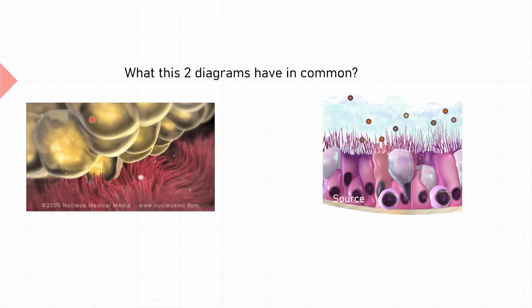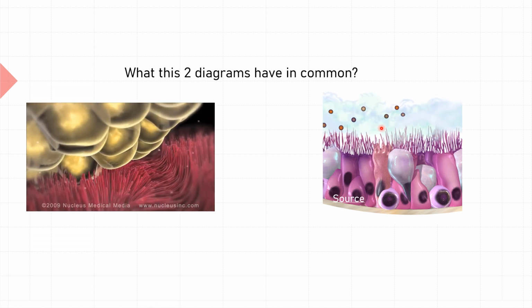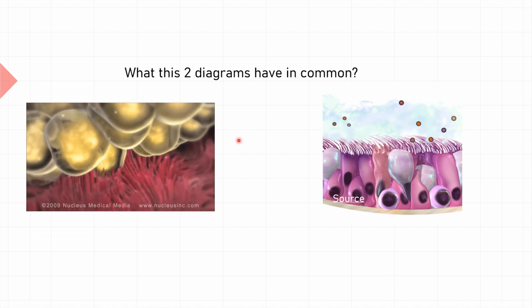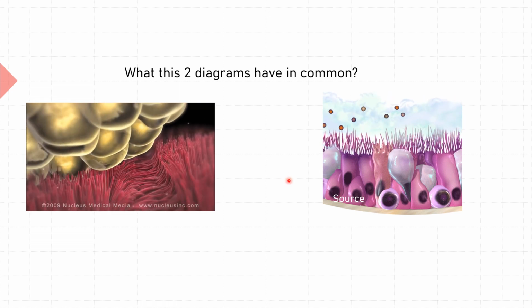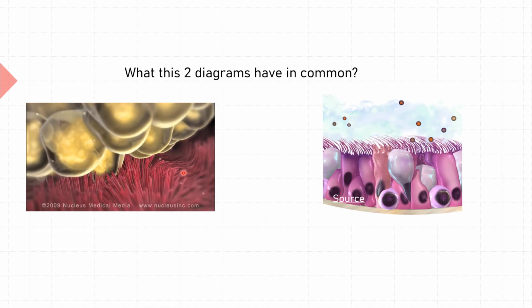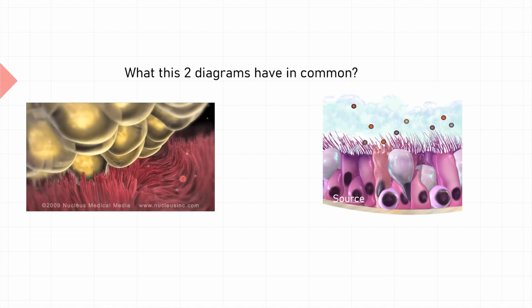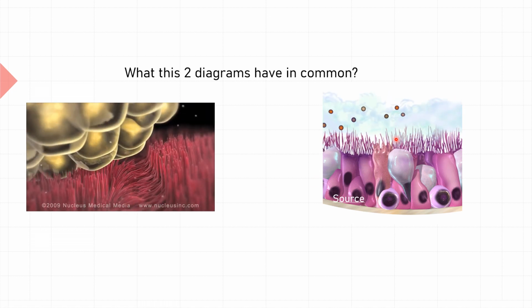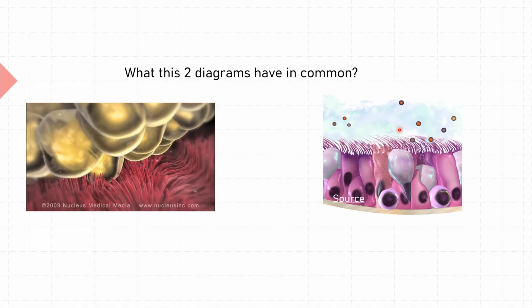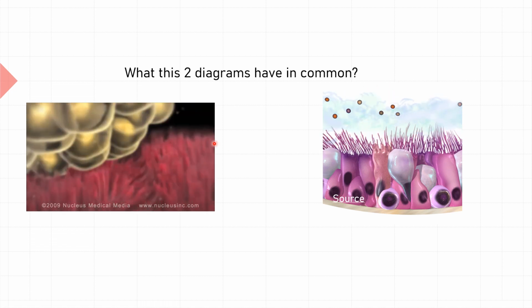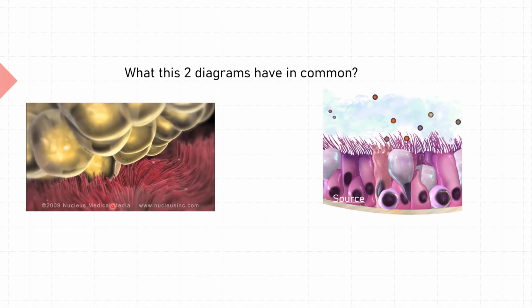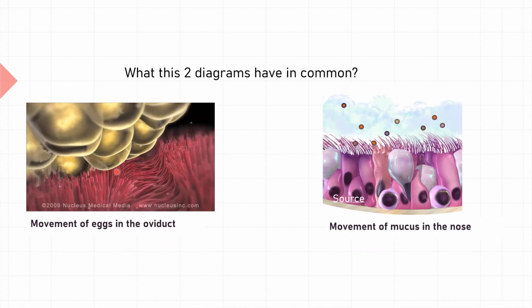Here some molecules are moving, and here some particles are moving. Now, if you observe these hair-like structures, they're actually helping to move something, right? In both diagrams. So what do they have in common?